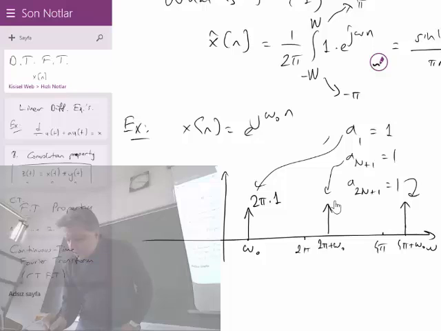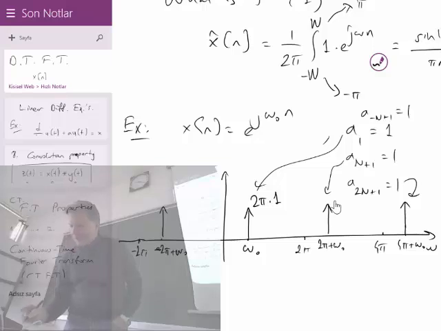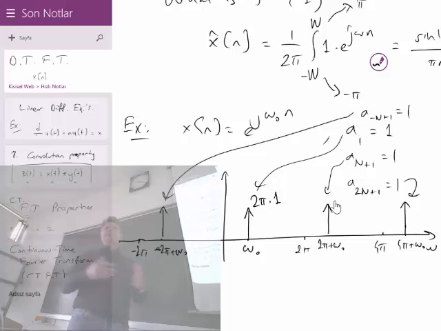A similar situation is valid for the negative side frequencies as well. If this is minus 2 pi, then around here we must have minus 2 pi plus omega 0, too, which corresponds to a_{-N+1} being equal to 1. So they are repeating themselves. Or you may attack the problem like this. Let's forget about everything.